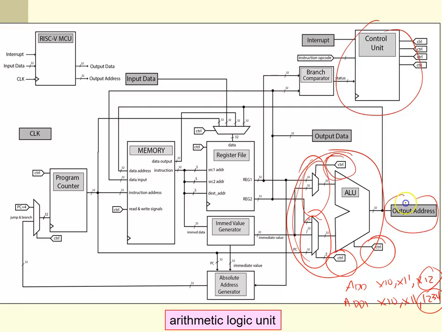So the output of the ALU serves two purposes. Number one, it becomes the output address, and we'll talk about that in a second when we talk about I/O. But also, this result feeds back around over into the register file. So when I do add operations like this, X10 here is the destination register. That result is stored in the destination register, whatever one's called out.